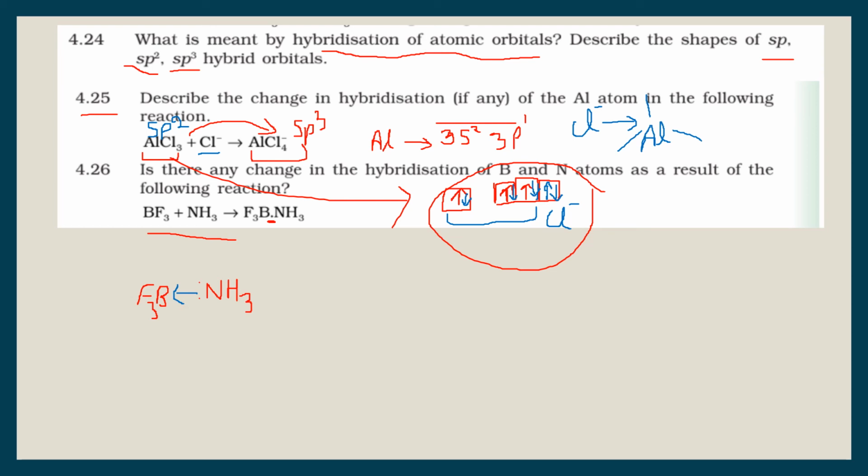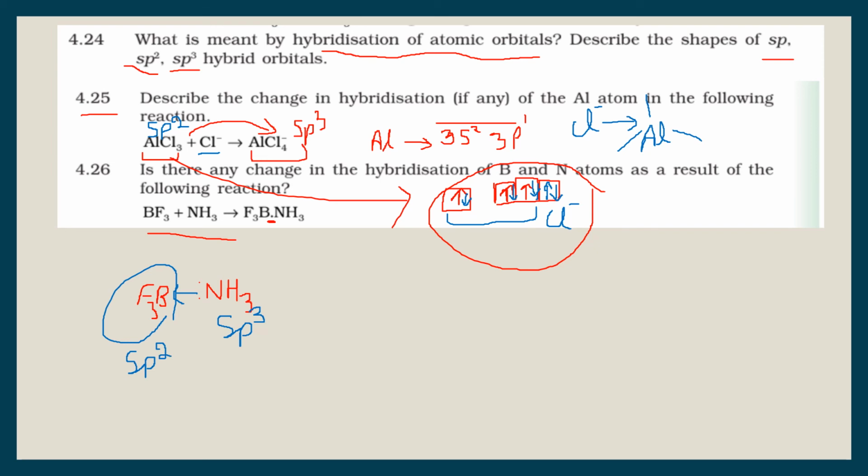So hybridization of ammonia before the reaction and after the reaction remains the same. That is sp3. But for BF3, like in the question 4.25, for AlCl3, the way it changed. For BF3, exactly like Al, you will write the configuration. You will find it is sp2 hybridized.